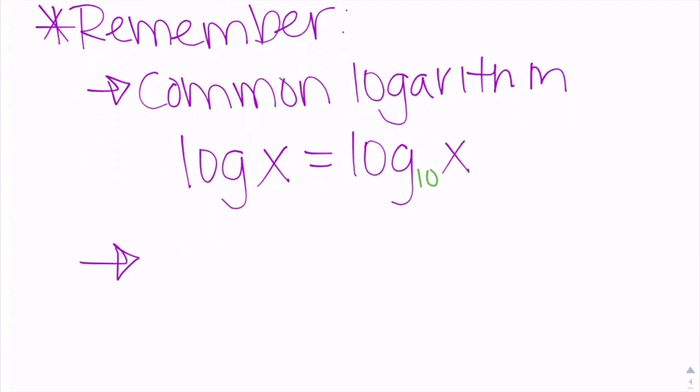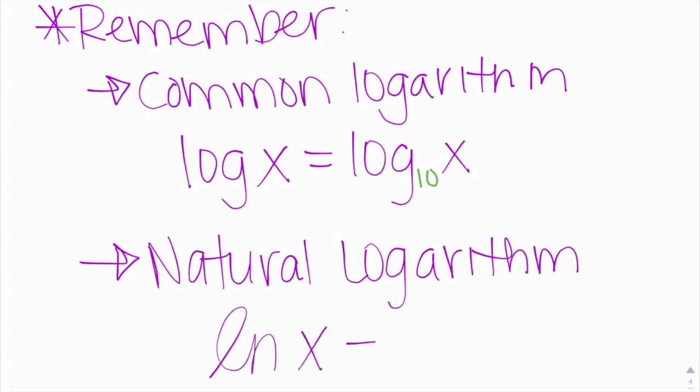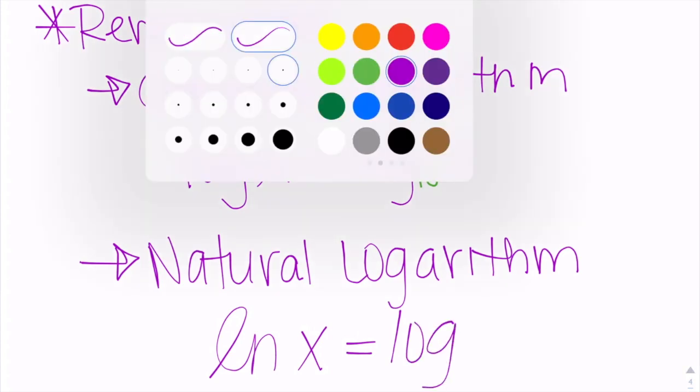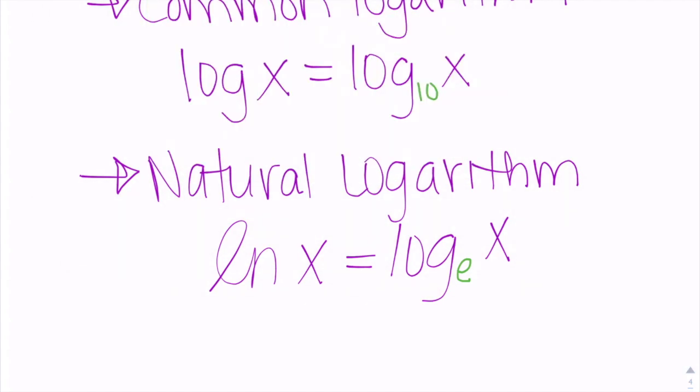And then you have your natural logarithm, which we also talked about earlier, where the natural log of x is equal to log base e of x. And remember that e is a number that is approximately 2.718, and that continues on forever.